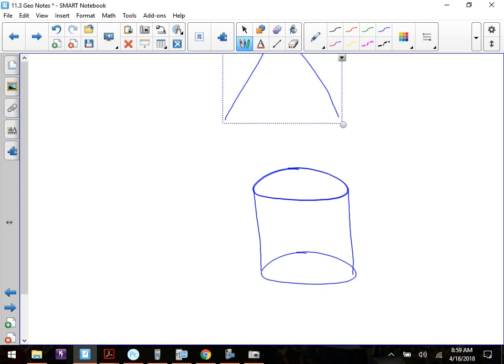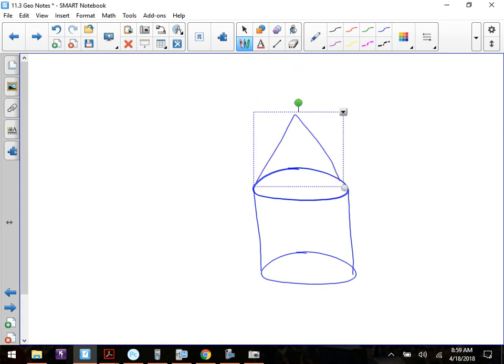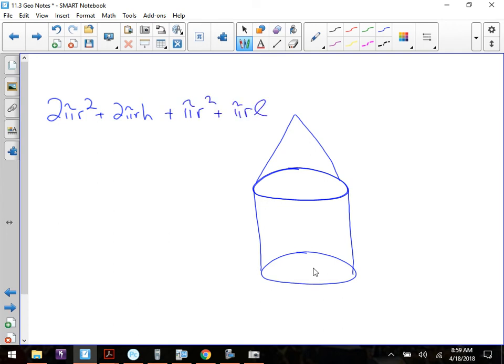So if I take a cylinder and I put a cone on top of it, if you think about the formulas, the formula for the cylinder was what? 2 pi r squared plus 2 pi r h for that, and then the cone would have been pi r squared plus pi r l. That's what it would be to add those two together, correct?